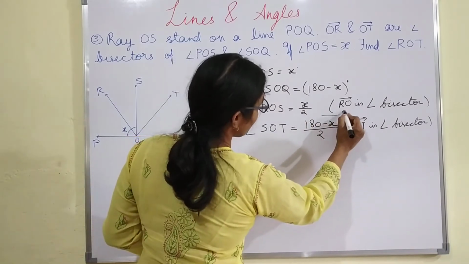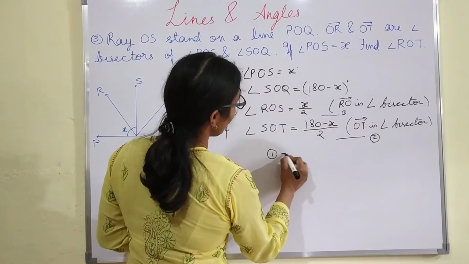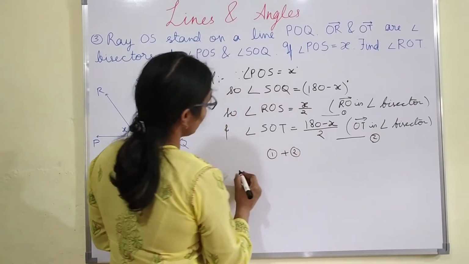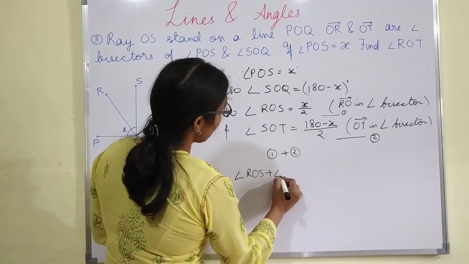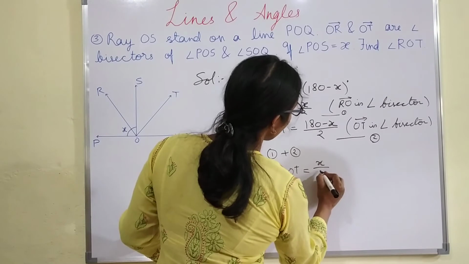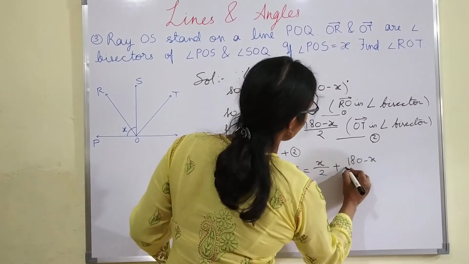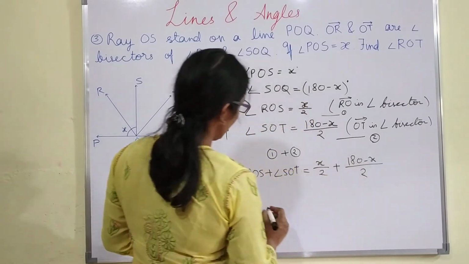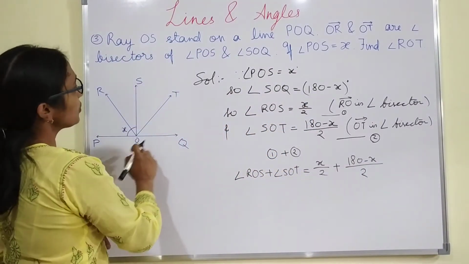By adding 1 plus 2. So angle ROS plus angle SOT equals x upon 2 plus 180 minus x upon 2. ROS plus SOT equals ROT.